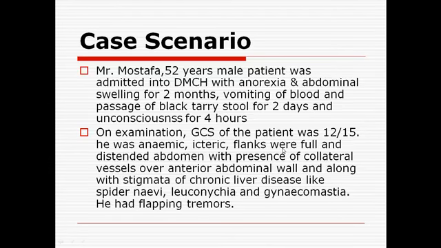Due to lesser synthesis of albumin, and presence of collateral vessels on the anterior abdominal wall, along with stigmata of chronic liver disease like spider nevi, leukonychia, and gynecomastia. This clinical scenario supports these positive findings of clinical examination.